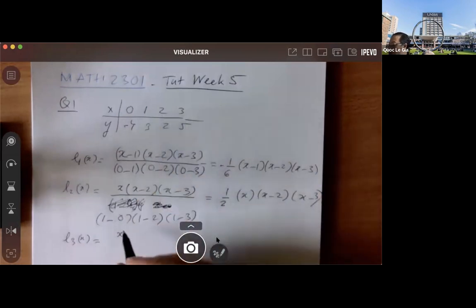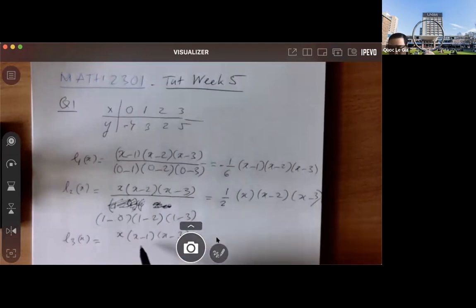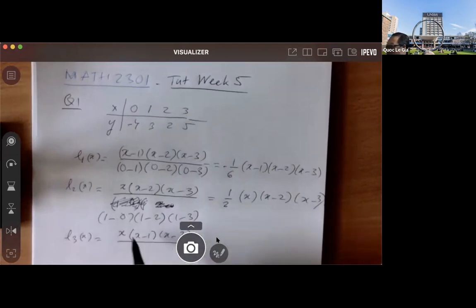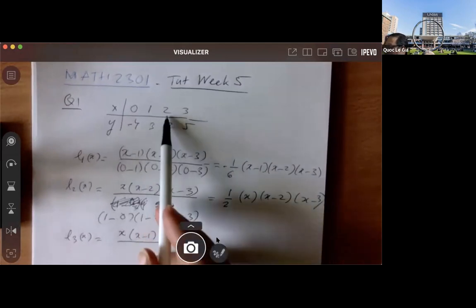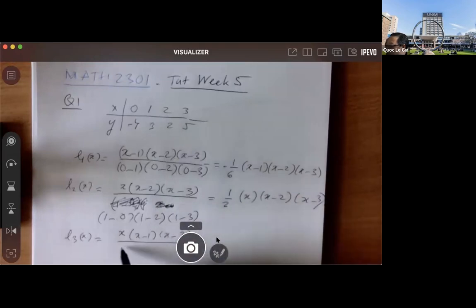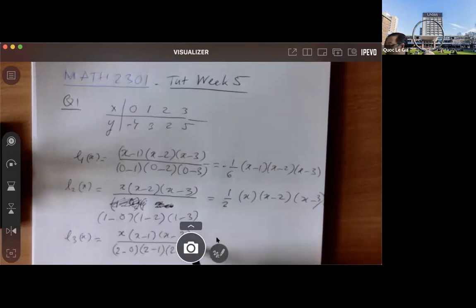So x minus 0, and x minus 1, and x minus 3. And then now you put in the third point, which is 2. So 2 minus 0, and then 2 minus 1, then 2 minus 3, okay? And so you simplify it, so it becomes minus 1/2, and x minus 1, x minus 3.